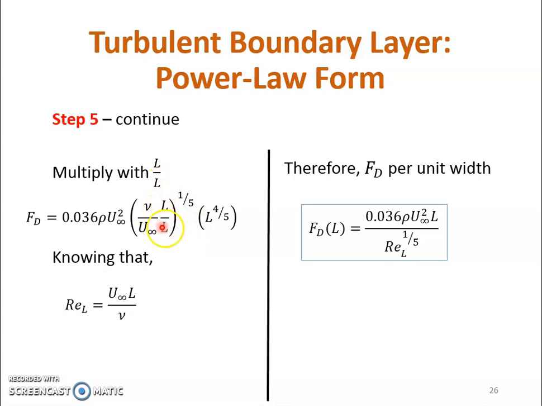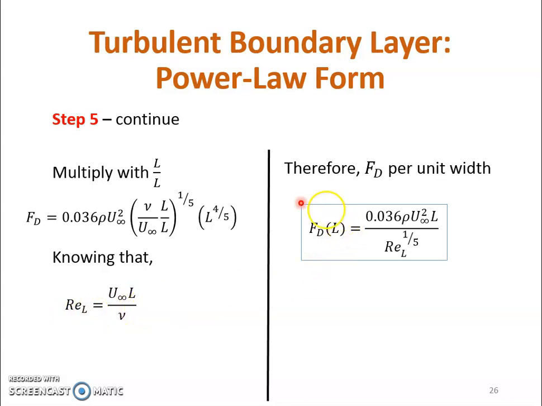we can multiply by L over L. Inside this bracket, this is actually L to the power of 1 over 5 divided by L to the power of 1 over 5. So we can just put it inside here, so we can rearrange our equation. And we know that the Reynolds number is related to our Re L here, over the length of this flat plate.